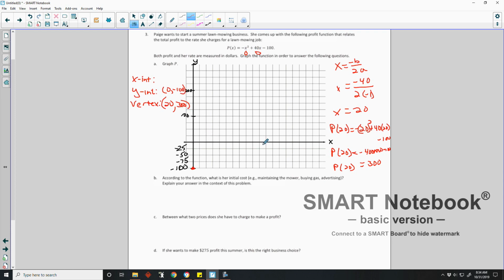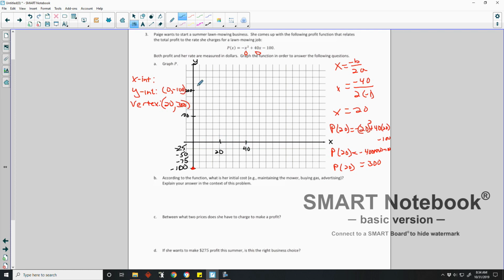So now I know that my vertex is a maximum, and if I want this centered somehow, 5, 10, 15, 20 could be here. We could go by 5s. So if I make that 20, let me use black. 5, 10, 15, 20 is here. 25, 30, 35, 40 is here.